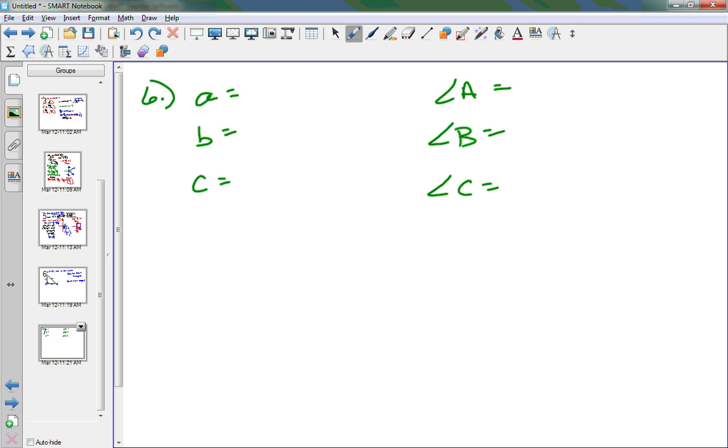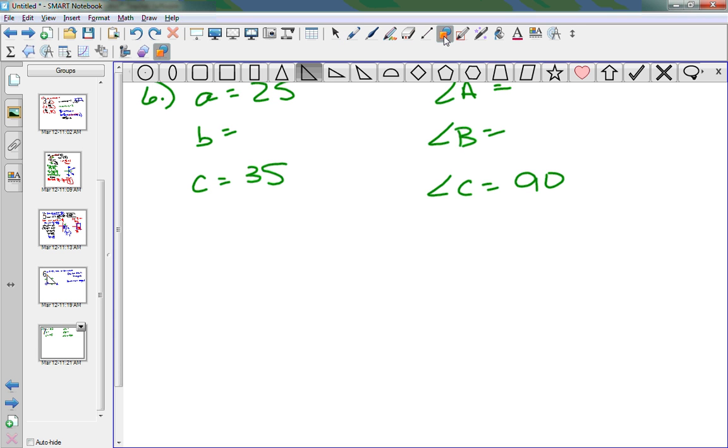Well, what they give you is that side A is 25, side C is 35, and angle C is what? 90. That's the given information. Do we all understand that? Now you have to find everything else out. How do I go about finding everything else out?